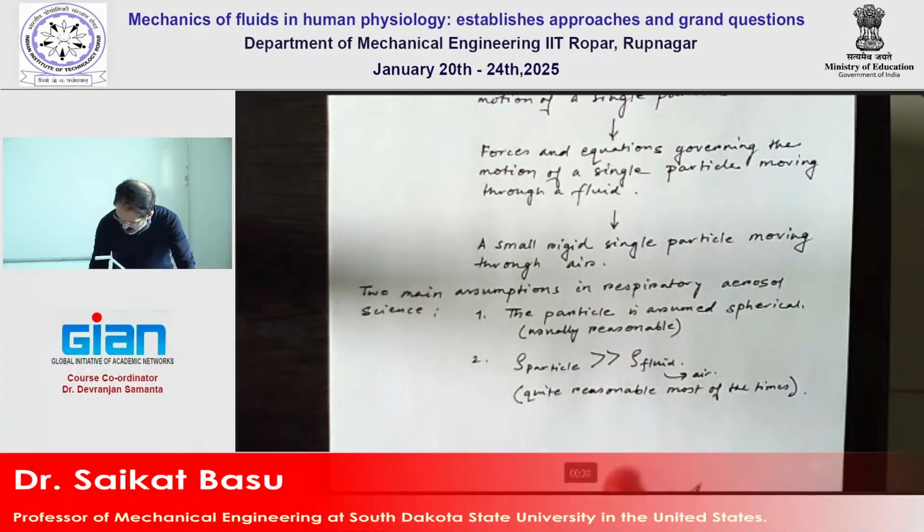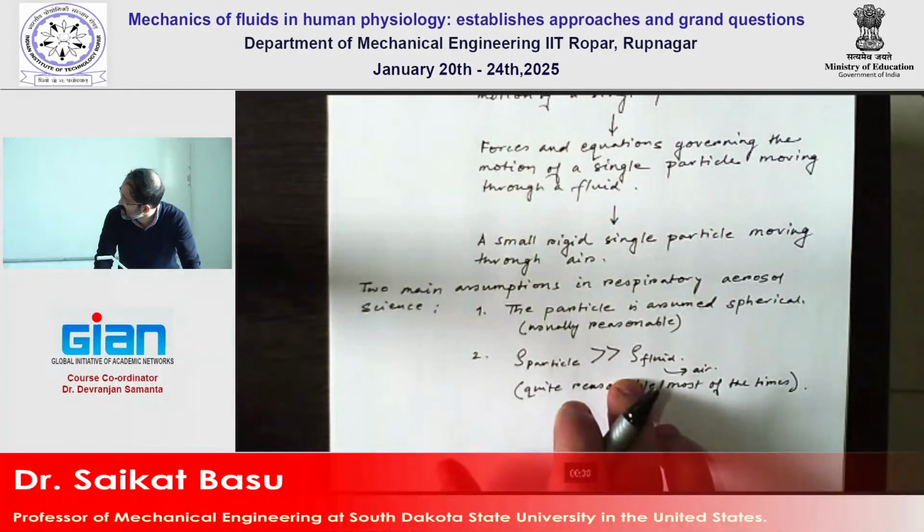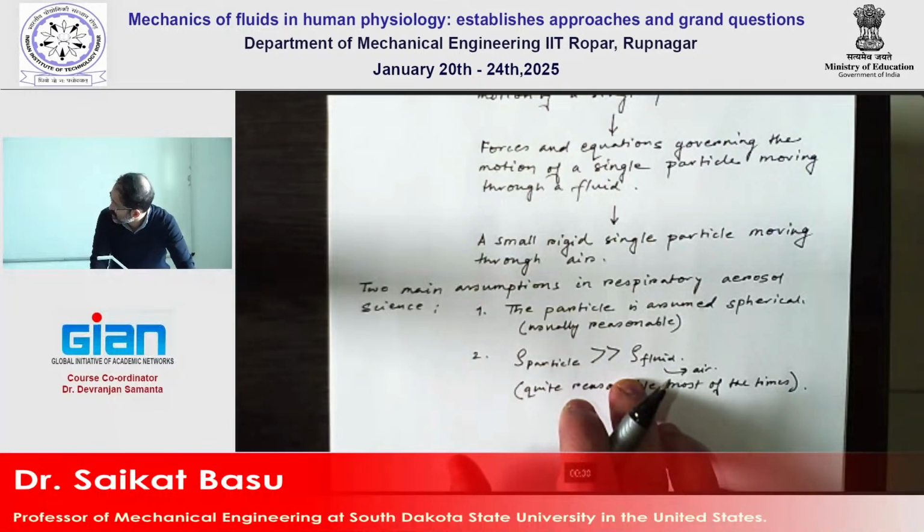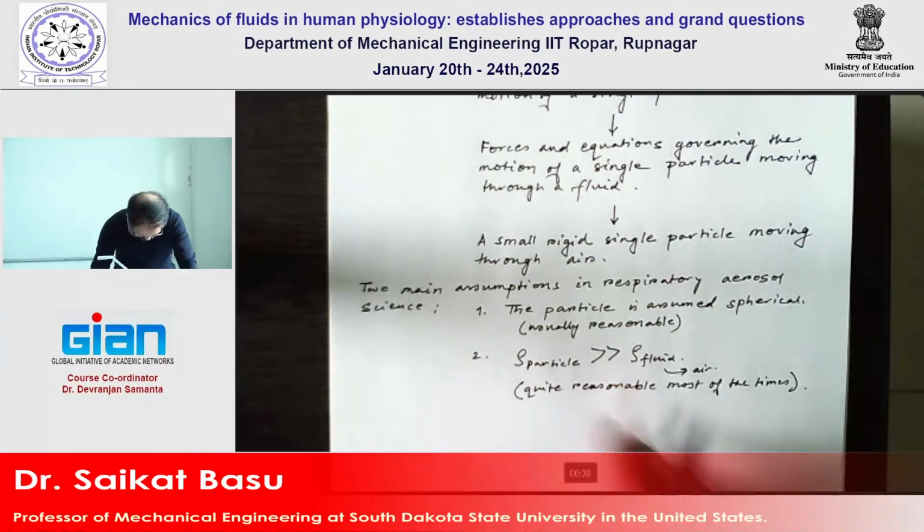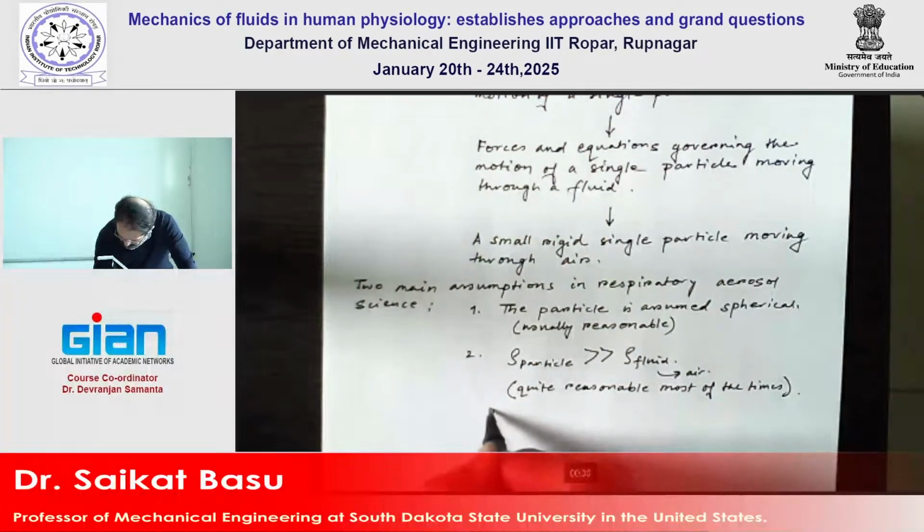So hopefully I'm going to comment on this later on in this week. We'll be going to the infection transmission part of the course, but for now we're going to assume that rho P is much greater than rho fluid. So let me just write down the comments here, but exceptions could be there.